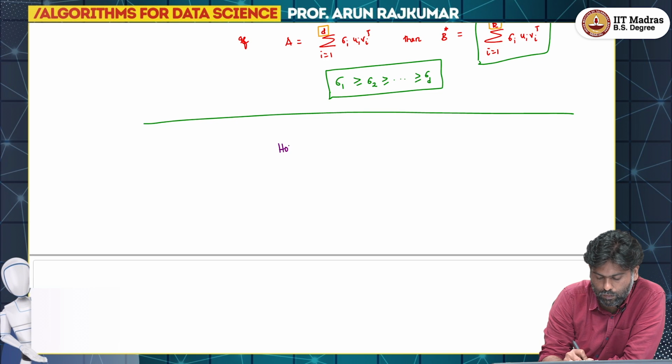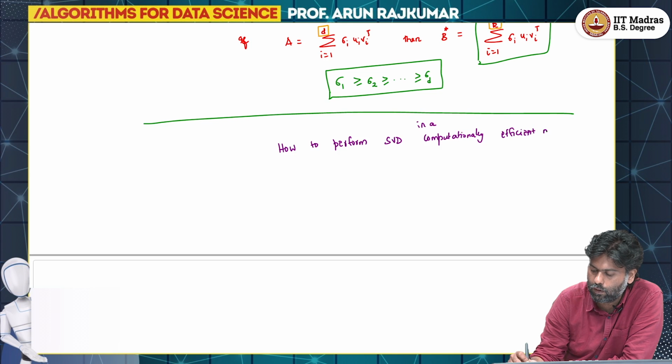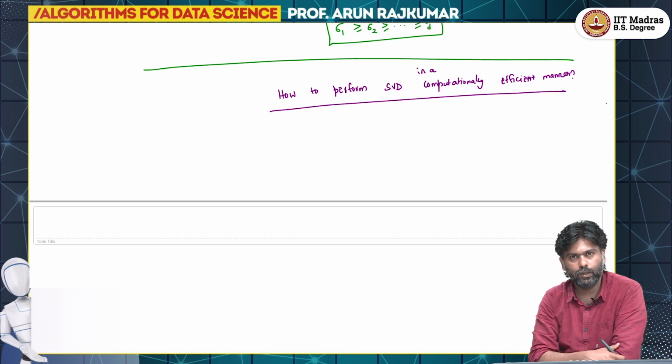So, how to perform SVD in a computationally efficient manner. This is the question that we are asking now.